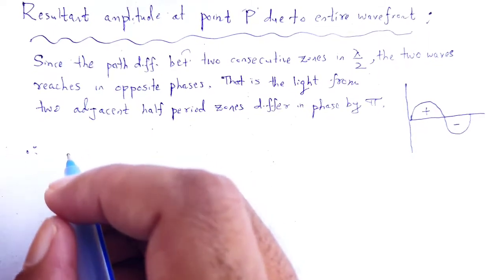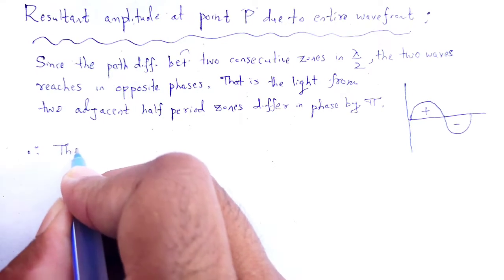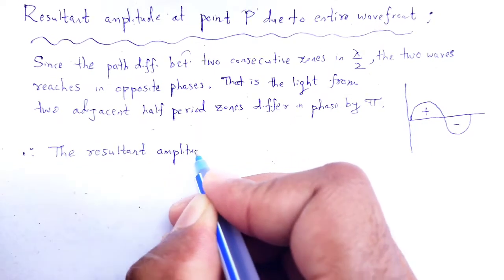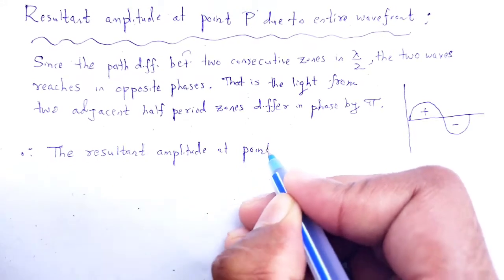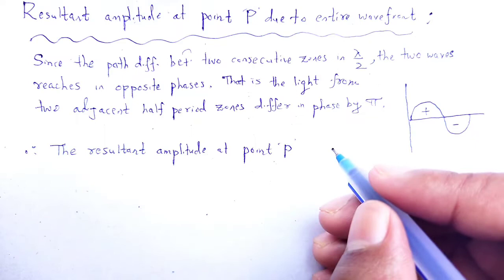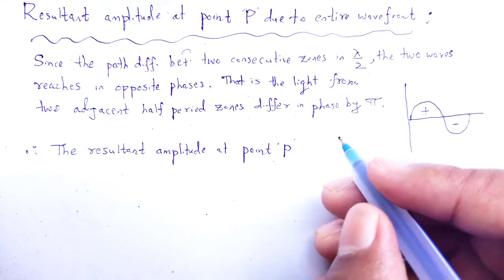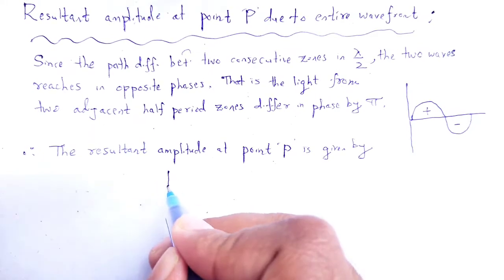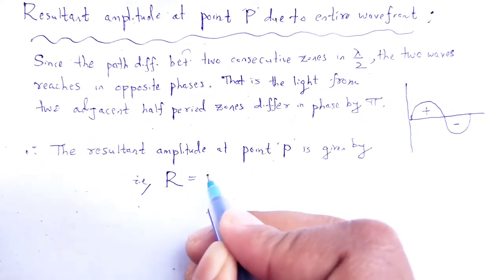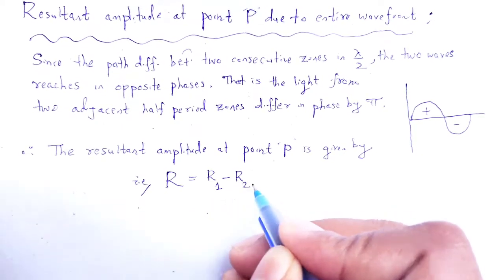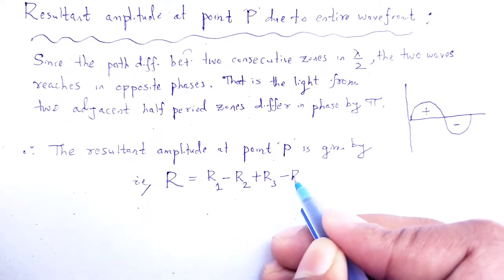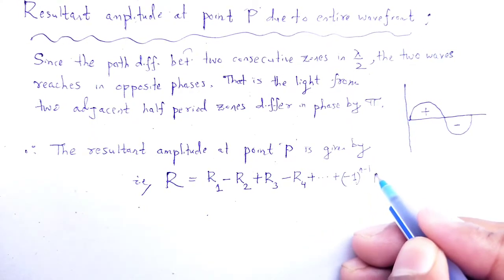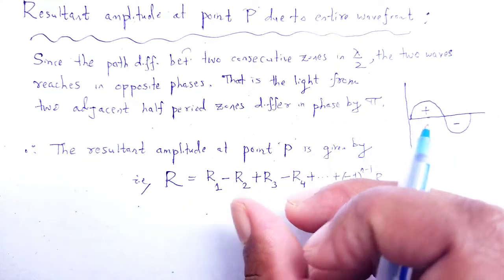Therefore, the resultant amplitude at point P is given by, let the resultant amplitude be R, R equals R1 minus R2 plus R3 minus R4 plus and so on, up to minus 1 to the power n minus 1 times Rn. One amplitude is taken as positive, another as negative.